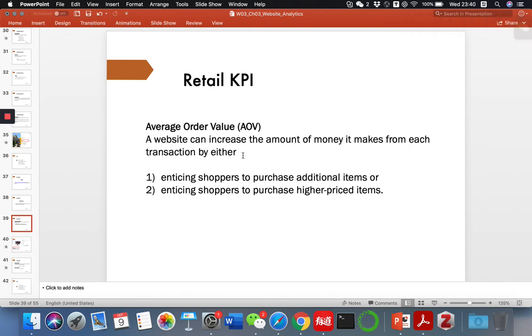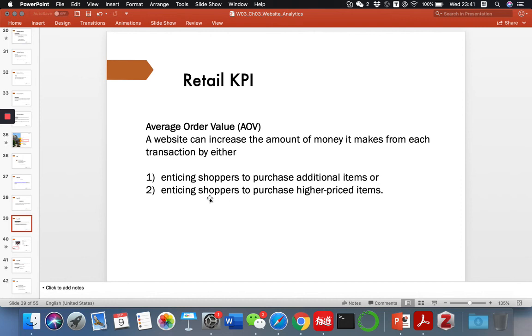And here I state a website can increase the amount of money it makes from each transaction in two common ways to get a higher AOV. The first way is to entice shoppers to purchase additional items. So in addition to the item they originally showed interest in, they purchase some other items at the same time or afterwards.